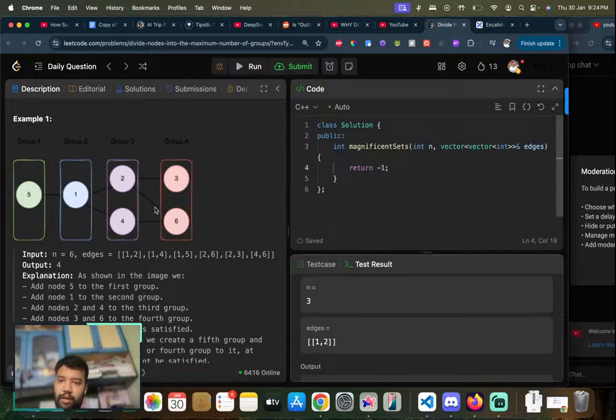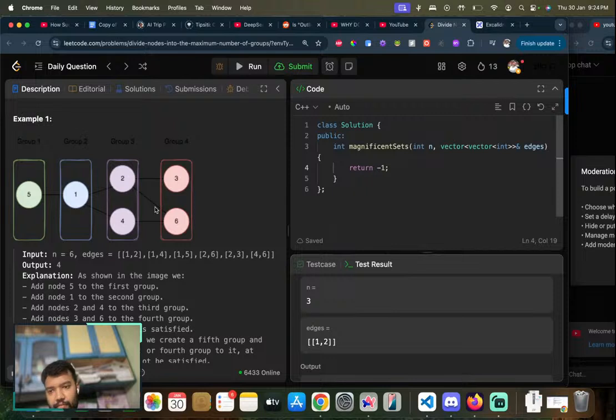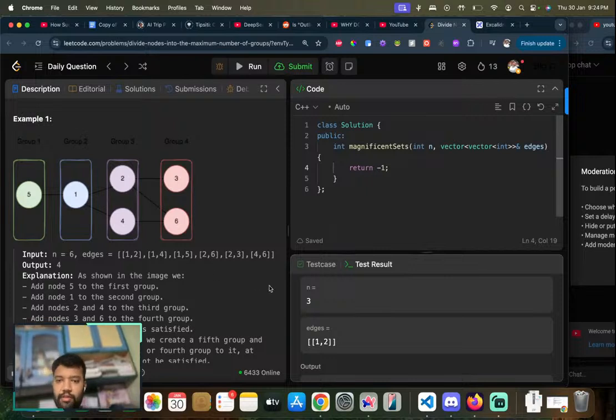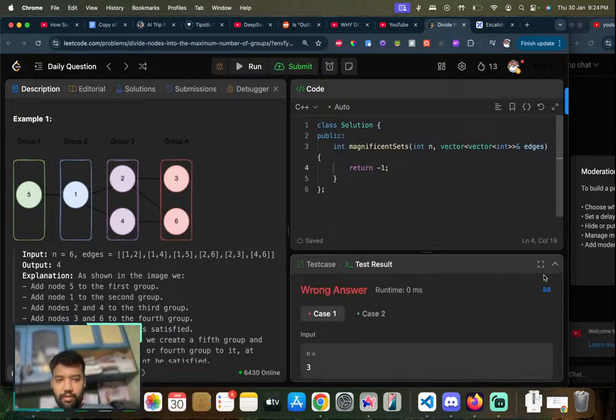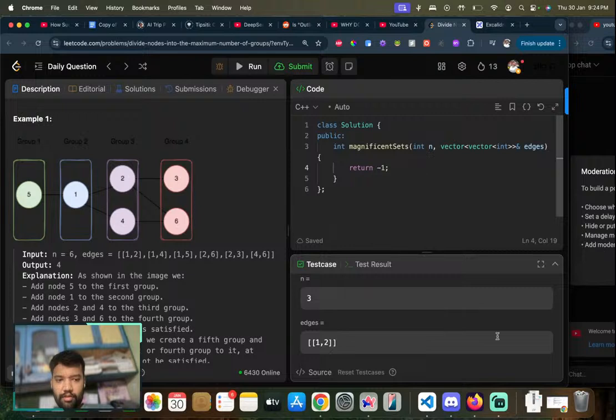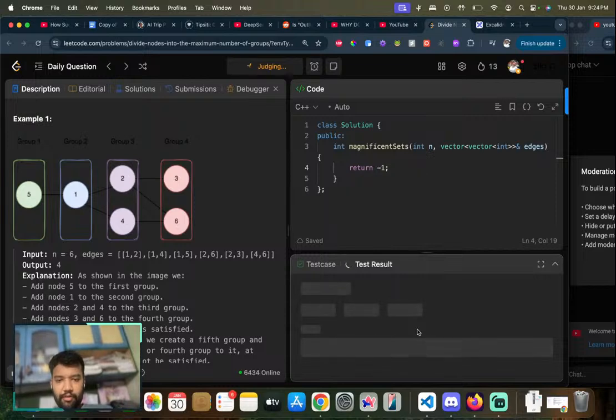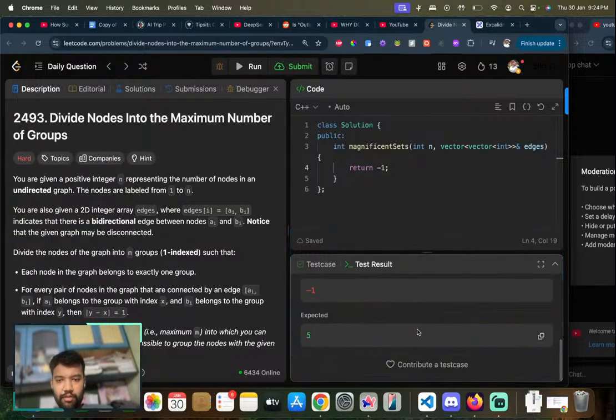If we did not have this edge, then can I have 2 and 4 in different groups? Okay, let's try this out. Test cases, reset test cases. If I don't have 2 to 6, what will be the answer? 5.